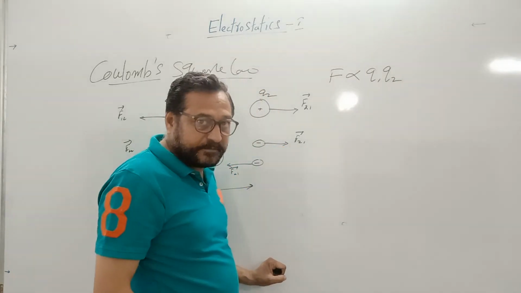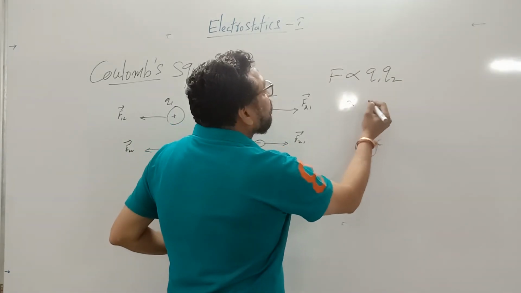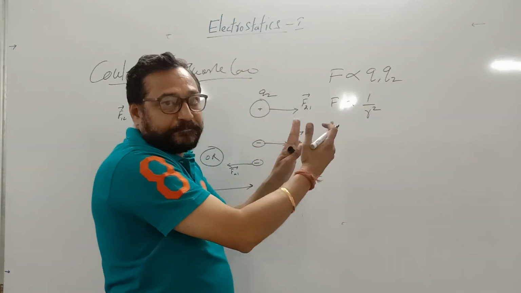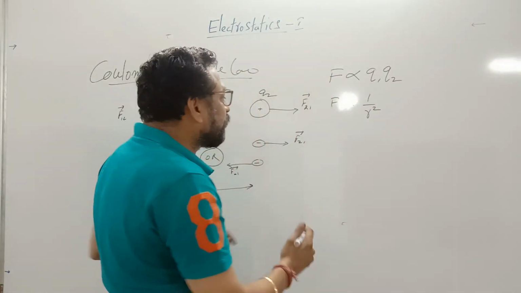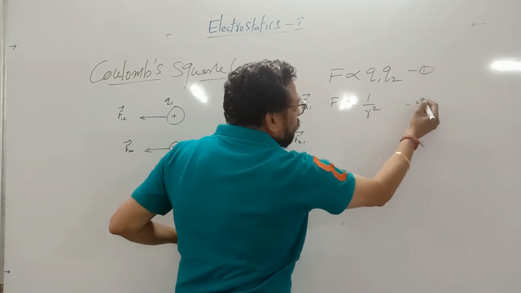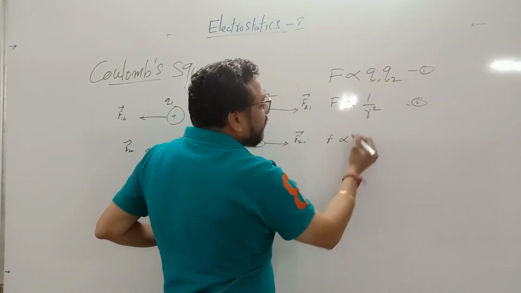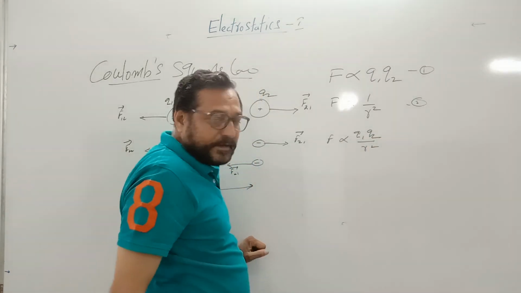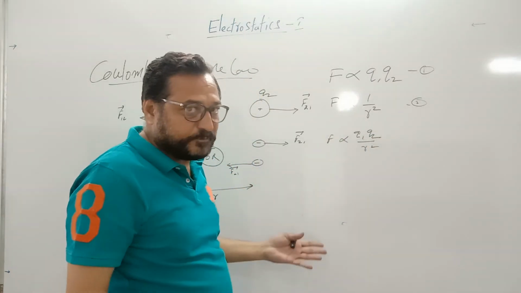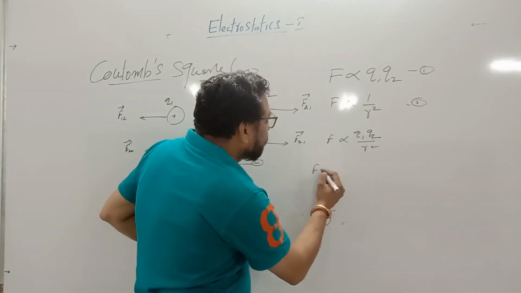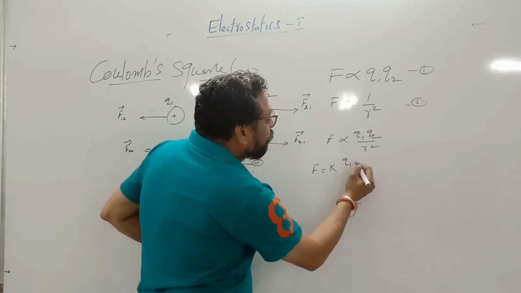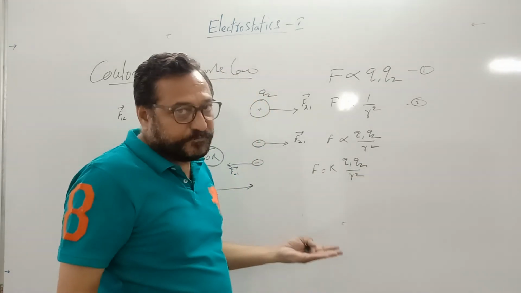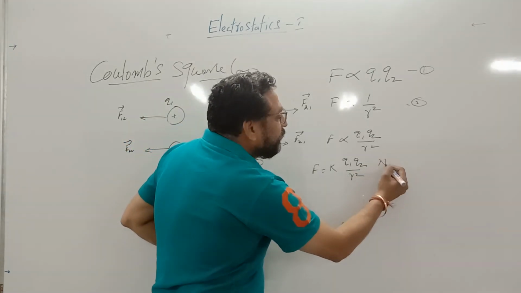This is statement 1. And inversely proportional to the square of the distance between them. On behalf of these two conclusions, we take out F is directly proportional to Q1 Q2 upon r square, and the proportional sign is always replaced by a constant. Then F is equal to K Q1 Q2 upon r square, and force is always measured in Newton in the SI system.